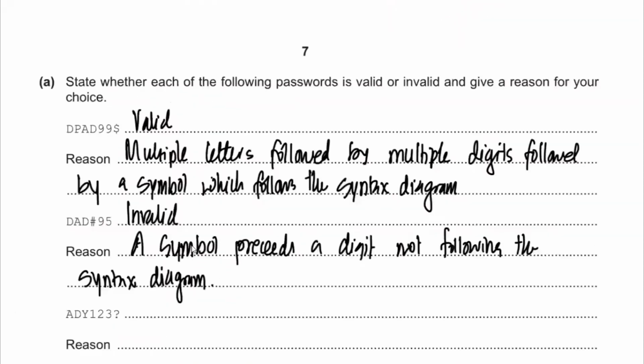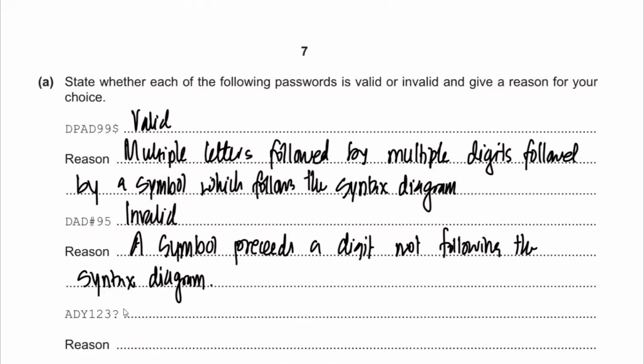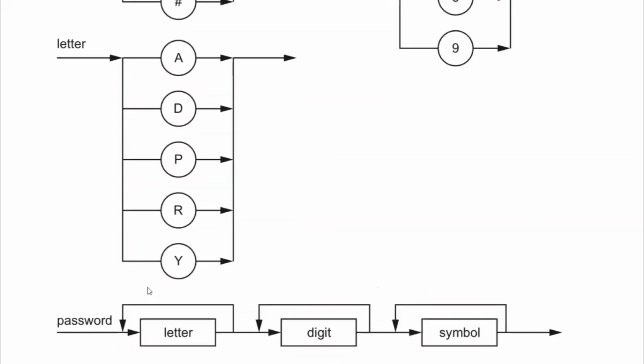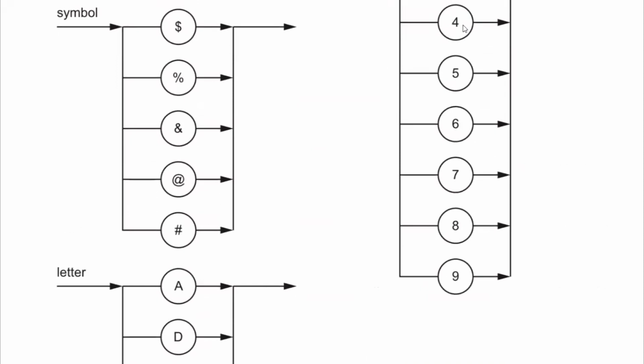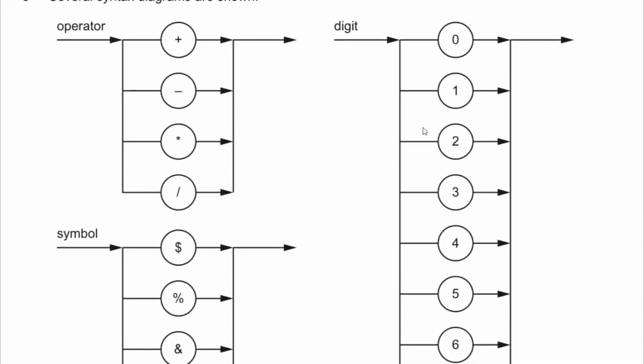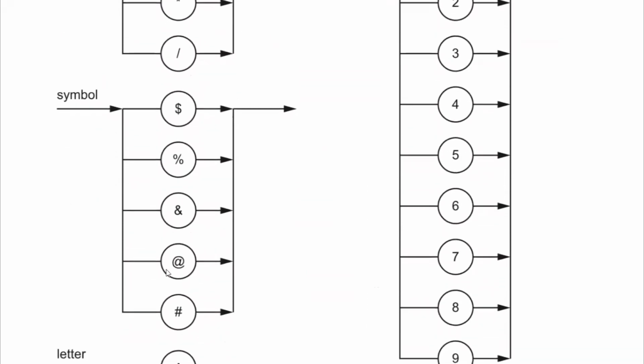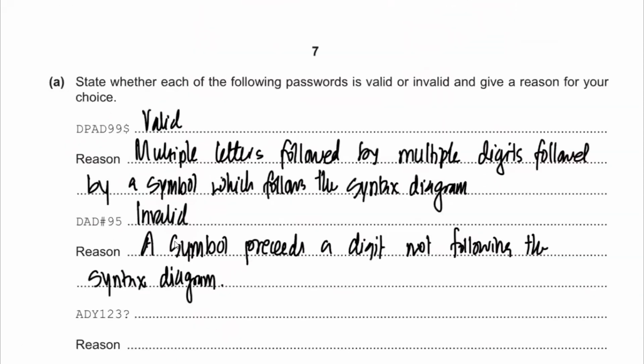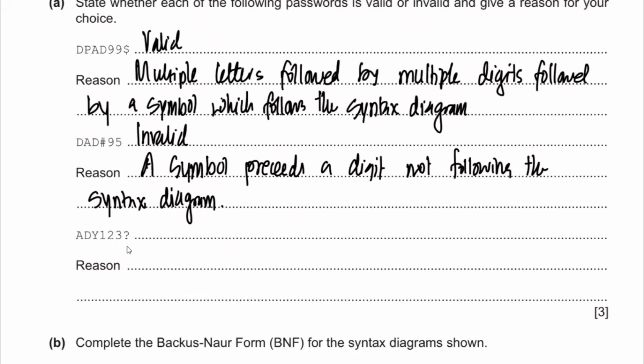Then followed by 1, 2, 3. Yeah, 1, 2, 3 is present in the digit section. But a question mark is not present in the symbol section, right? Notice that the password contains a question mark. This is an invalid syntax. It's not a rule. So invalid.